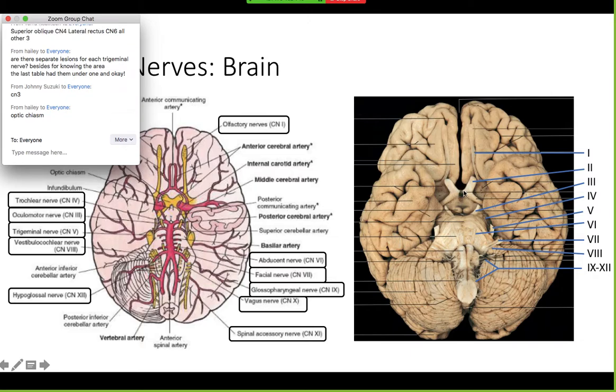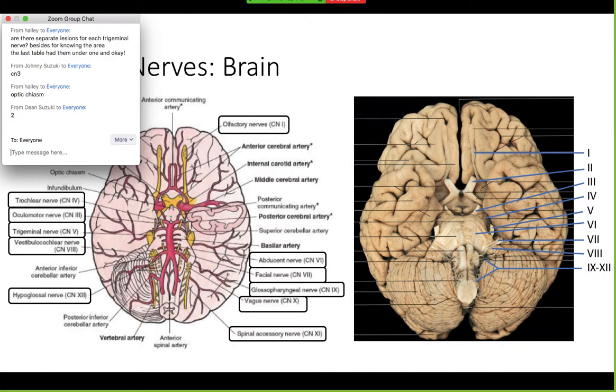So not cranial nerve 3. Right here, this is the optic chiasm. What if I went back here and I stuck a pin right here? What would you call that?